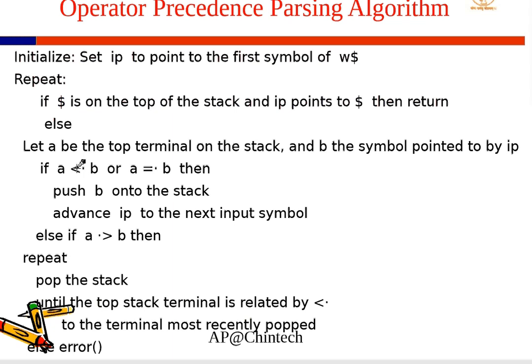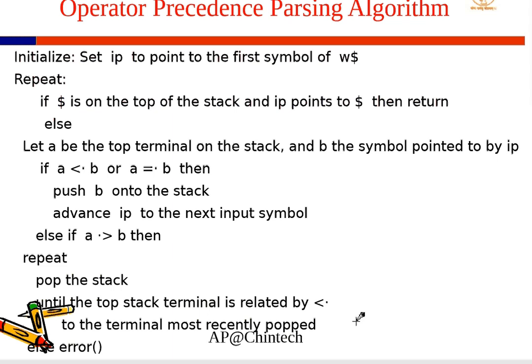Now in between you get A greater than b. What will you do? Whenever you get greater than, we will come to another loop. There we do what? Pop the stack until the stack terminal is related by less than to the terminal most recently popped. That is, whenever you see greater than, you start to pop out the stack until less than.